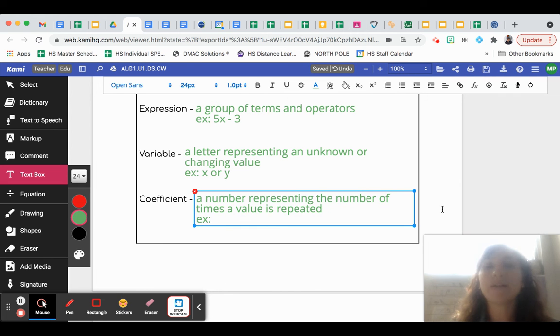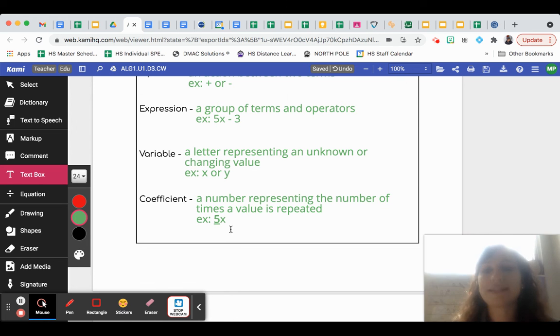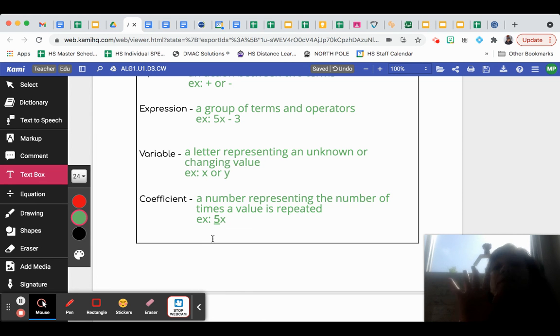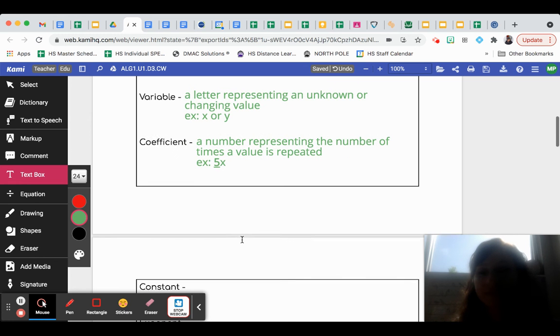For example, if I said 5x, the coefficient is 5. I underlined it so we can see that that's the coefficient. And what that's telling us is we have 5 x's, x, x, x, x, x. So that's what 5x is telling us. The coefficient 5 is telling us that there's 5 of those x's.